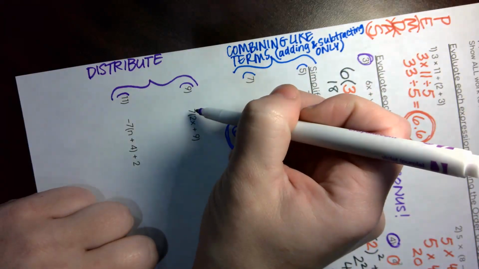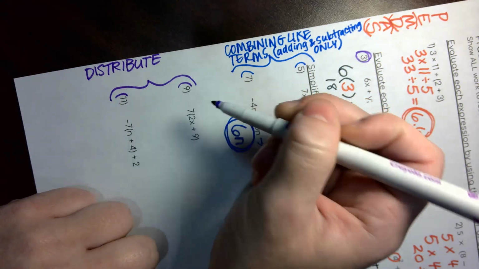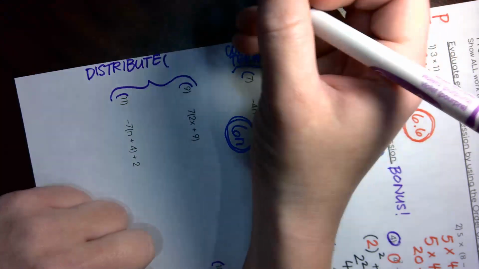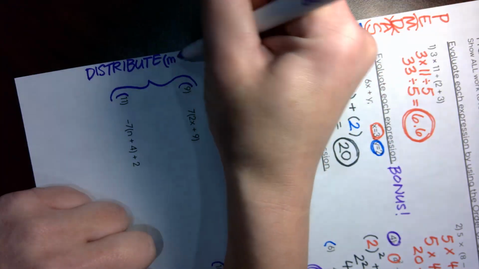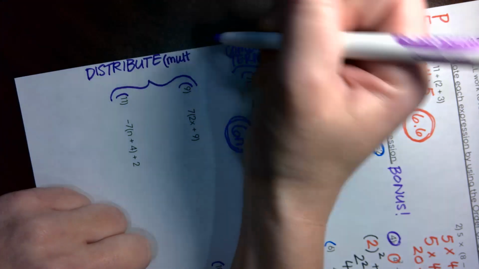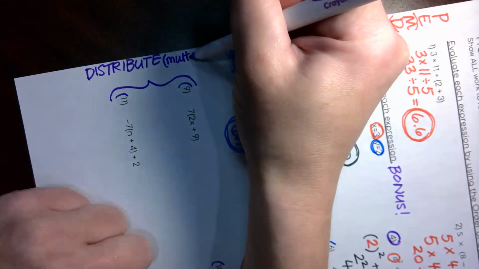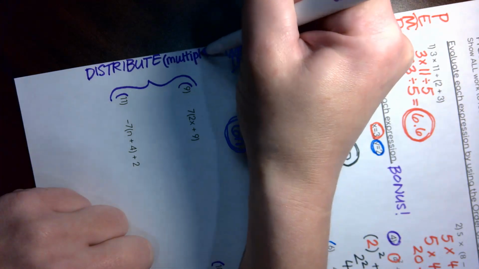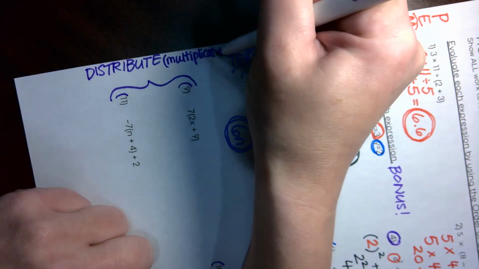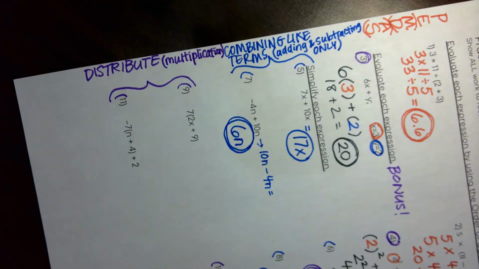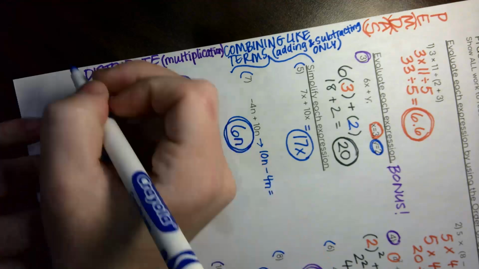Multiplication, thank you. So we are going to be multiplying things first, but once we distribute, we don't touch multiplication again. We go right back to combining like terms, which is just addition and subtraction. So our first step on these is distribution. Then combine like terms.